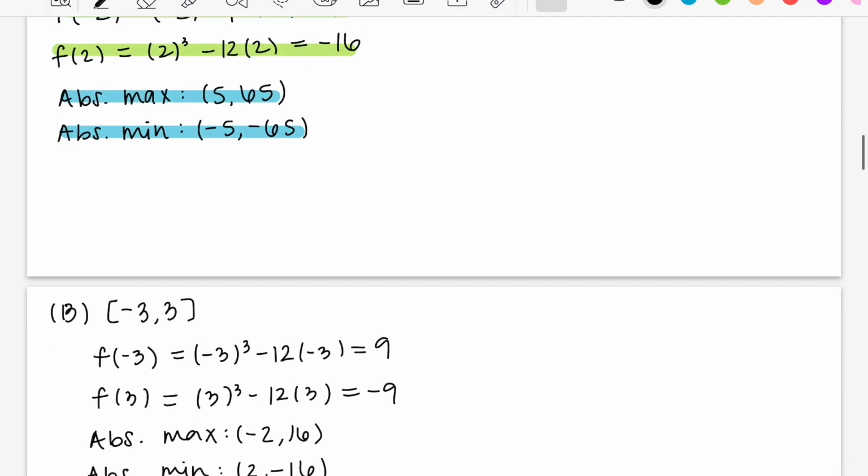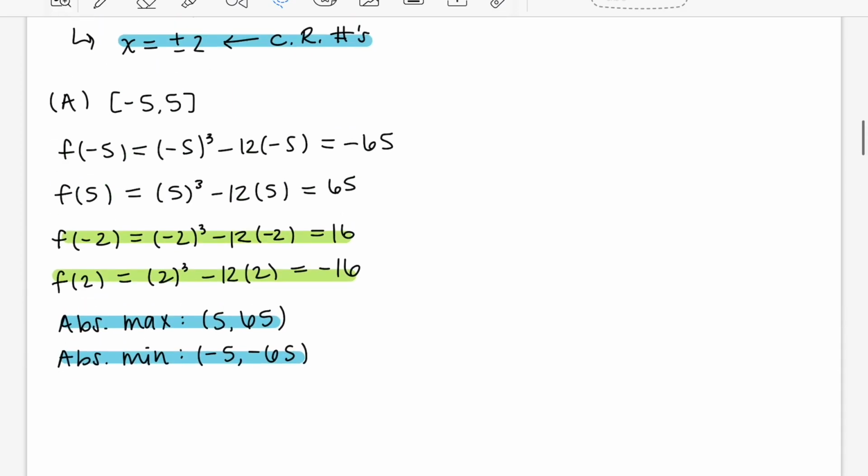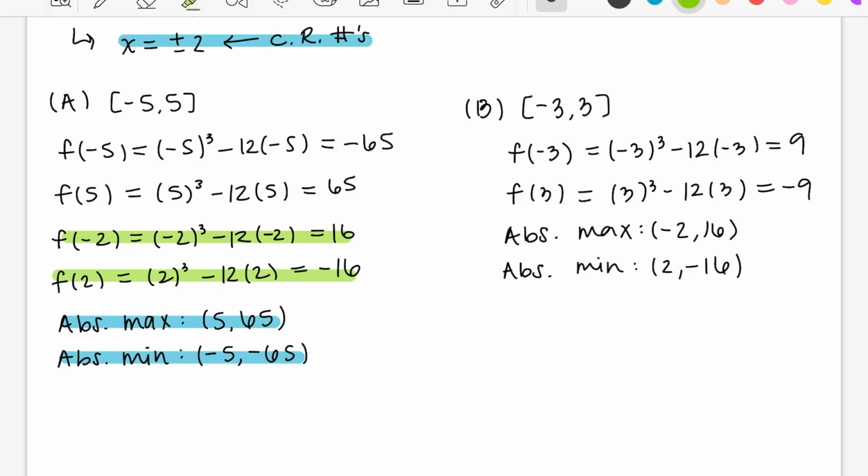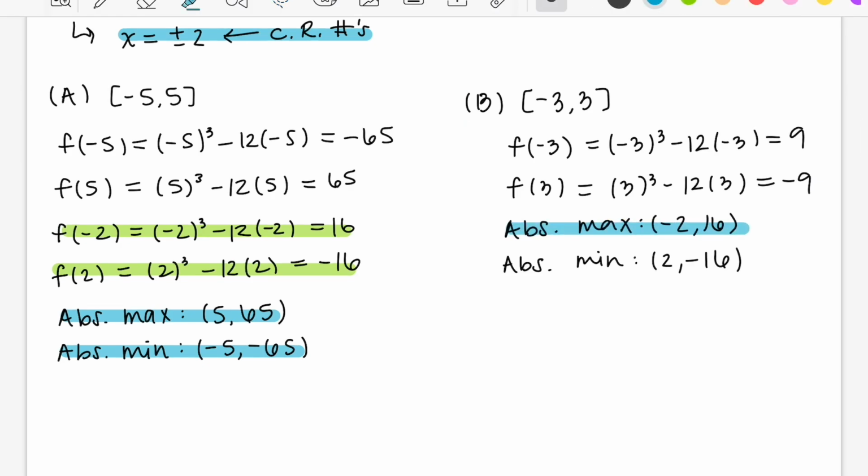I'm slightly running out of room here, so I'm going to put this up here. All right. So this is our absolute max and absolute min on this interval here.